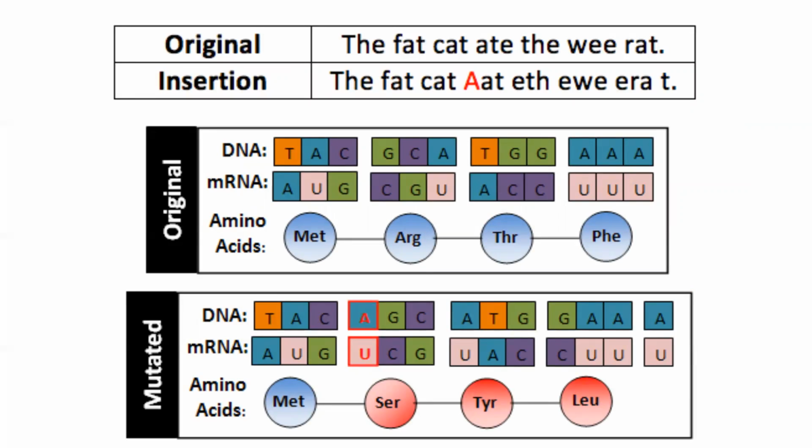So here's another way to look at it. With our original sentence, if you like looking at it the sentence way, still the same, the fat cat ate the wee rat. We inserted the letter A, and now the rest of the sentence after that insertion no longer makes any sense whatsoever.